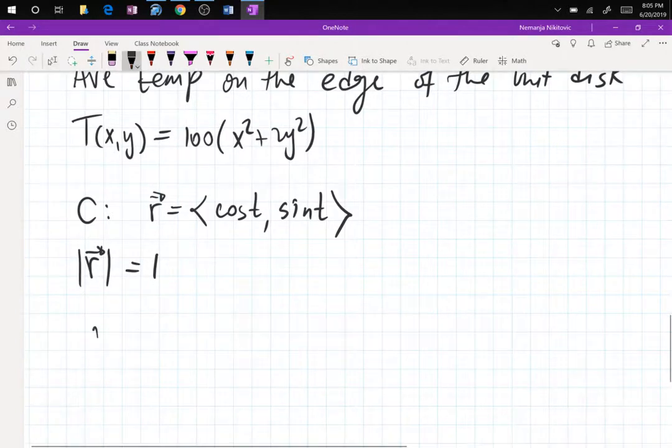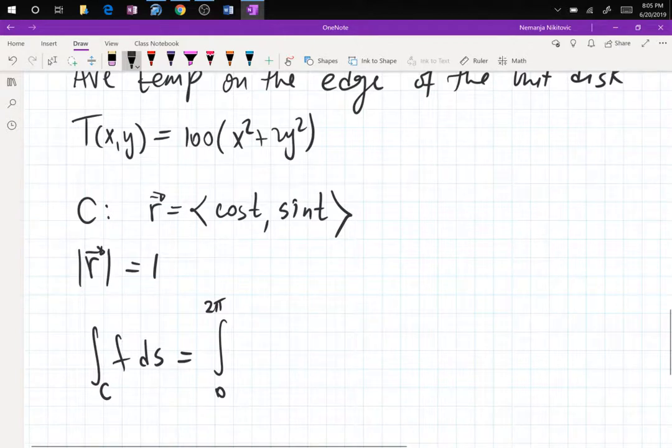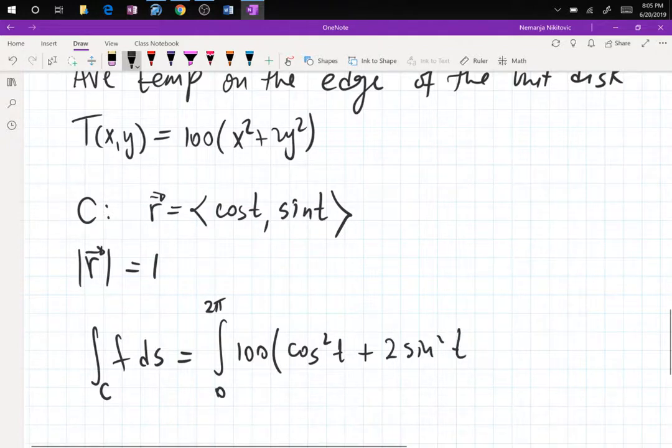So now our line integral is going to be given by the integral, the circle again, so 0 to 2 pi, it goes around the circle, and we have 100 times cosine squared t plus 2 sine squared t times 1. I didn't write times 1. I should have written times 1 because you are learning. You have to have the magnitude of r prime in there.